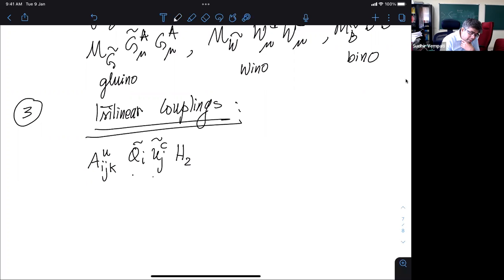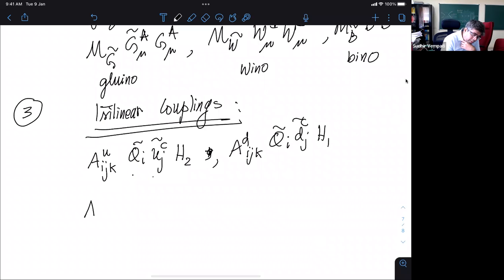All three are scalars essentially. There is no star. Then A^d_ijk, Q_i tilde, D_j tilde, H2, H1, A^e_ijk, L_i tilde, E_j^c k, H1.